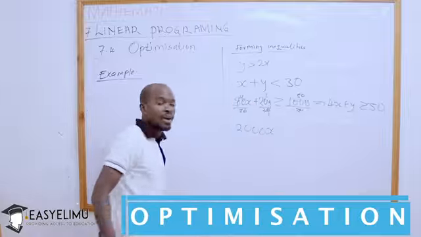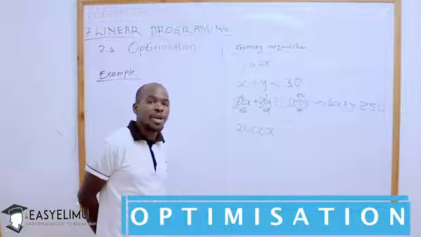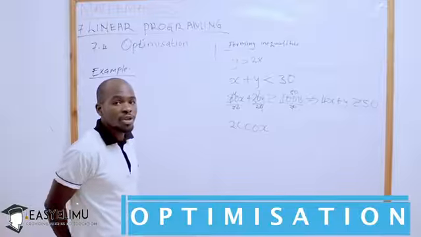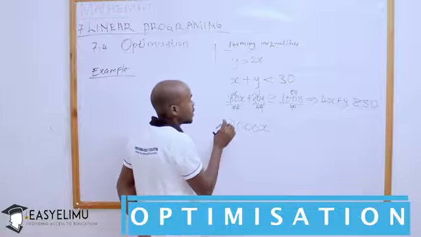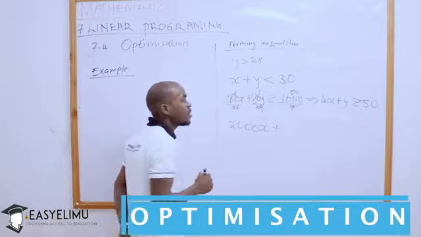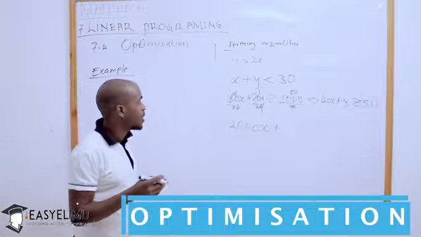You get 2,000x. That is the total amount the contractor will spend on the lorry making x trips. We shall add to that the pickup's cost to get the total expenditure.